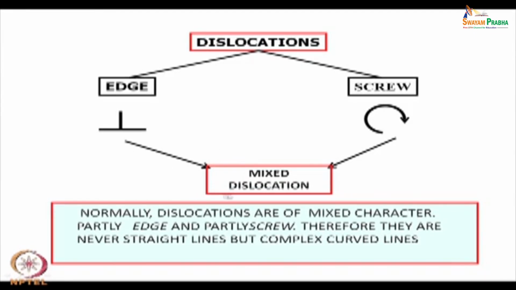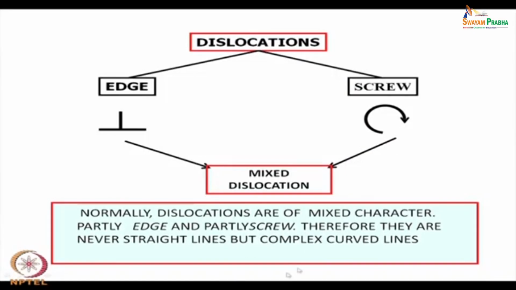However, we will come to that. In most cases they are not ideal situations. So, these lines are not straight lines as we have discussed so far, as if dislocations are always straight lines. Actually, in practice dislocations are never straight lines, they are completely curved lines, and these curved lines have some component of edge dislocation, and the rest may be screw dislocation.